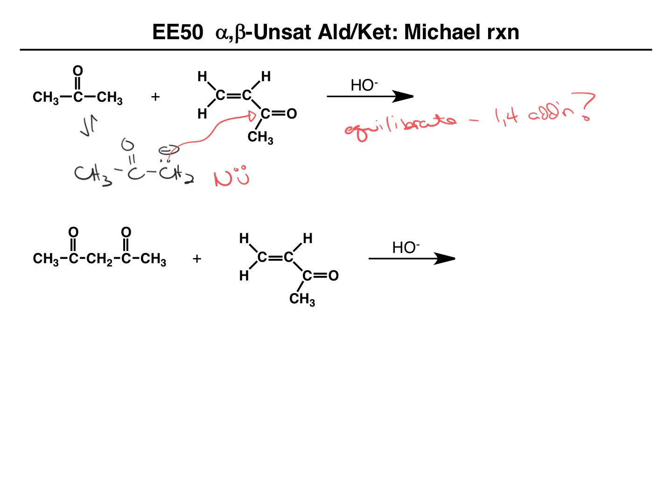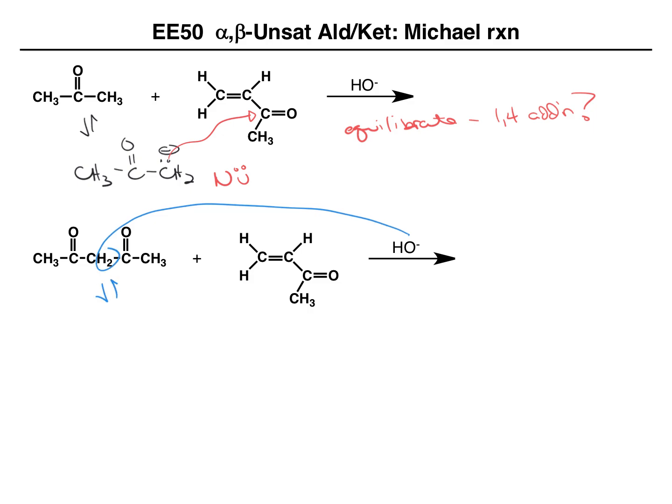Next, let's take a look at this example. Now here we have a beta diketone. So these hydrogens are much more acidic than these or these. Therefore, when this mixture is treated with hydroxide, the hydroxide is going to pull off this proton.